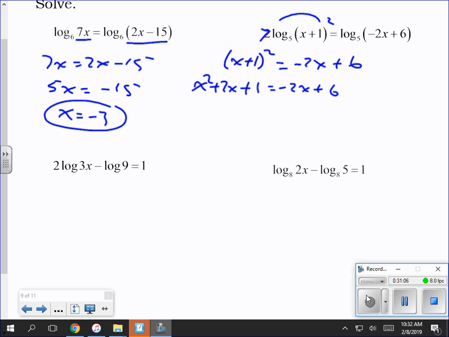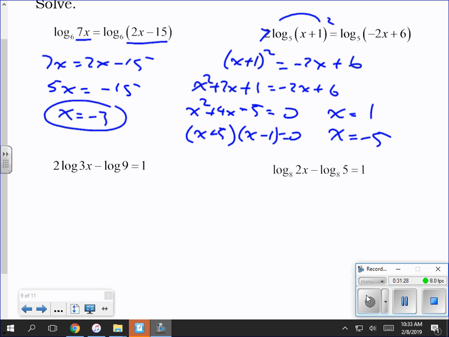Add 2x, subtract 6. You get x squared plus 4x minus 5 equals 0. Factors of 5 are 1 and 5. One's positive, one's negative. x plus 5, x minus 1 equals 0. x equals 1, x equals negative 5.